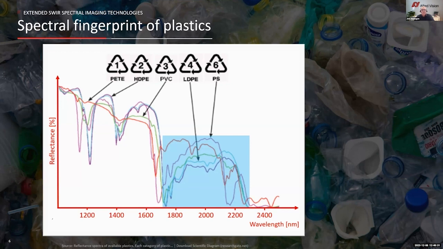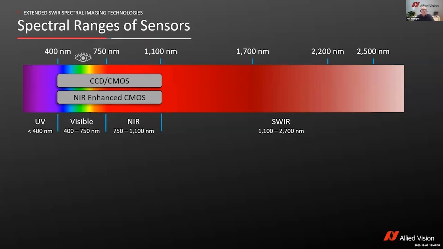So let's have a look at the spectral ranges of different sensor technologies. The electromagnetic spectrum has a broad range, much broader than shown here. And we as humans can see only between approximately 400 to 700 nanometers. Whereas silicon-based sensors are typically used for imaging between 400 and 1000 nanometers, whereas near-infrared-enhanced CMOS sensors provide improved sensitivity beyond 750 nanometers.